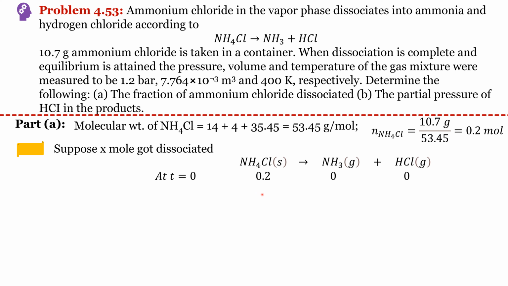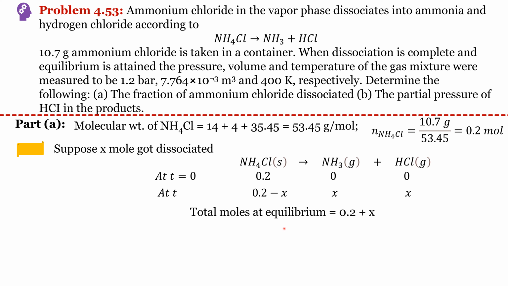Before dissociation, moles of NH4Cl is 0.2 and there is no dissociation, so moles of NH3 and HCl are 0. Now at time t there is a dissociation, so X mole of NH4Cl got dissociated. So it will become 0.2 minus X, and moles of NH3 produced will be X and moles of HCl produced equal to X.